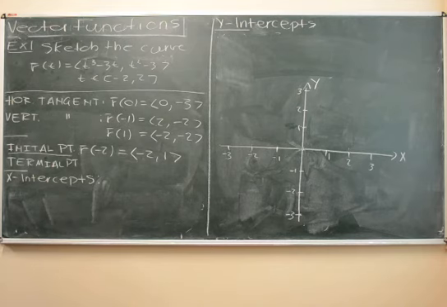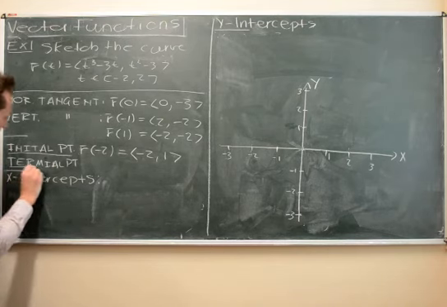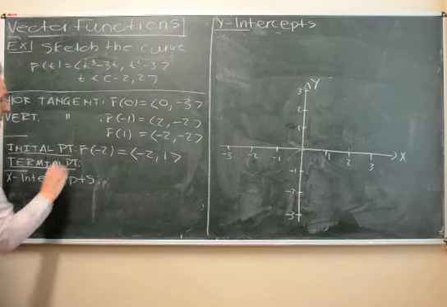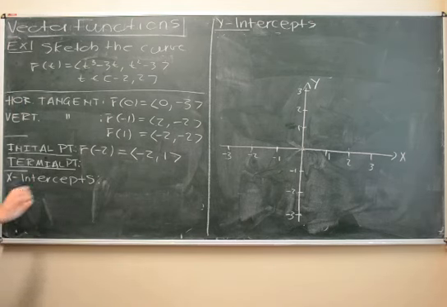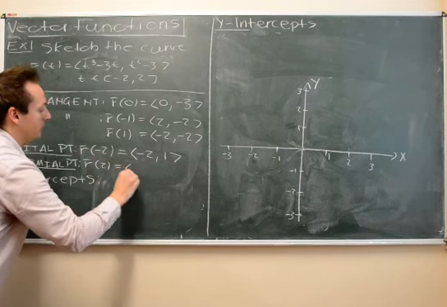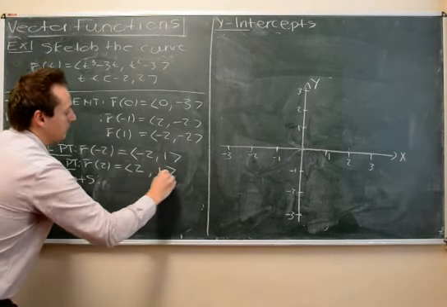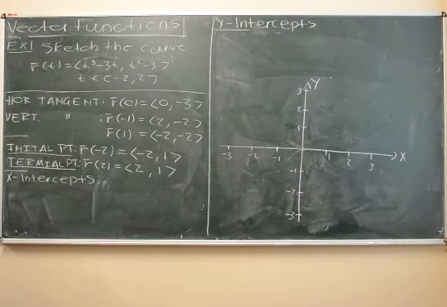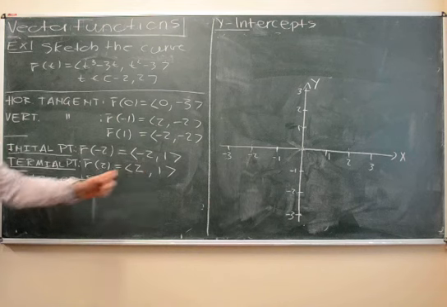So that's where the curve will start. Next we need to find the terminal point. Where will our curve stop? We take the largest value for t, that's r of 2, which gives us (2, 1). So now we know where our curve will start and where it will finish. We're going to go from this point to that one.